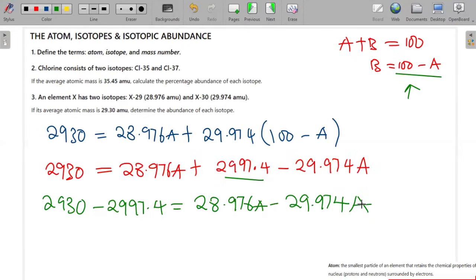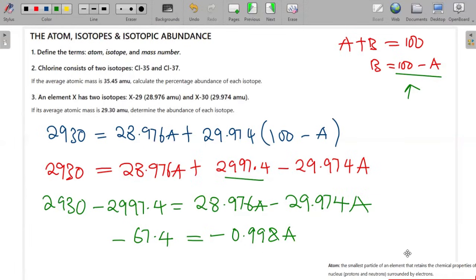On my left, I have 2930 minus 2997.4. If I subtract, I'm getting minus 67.4 is equal to, and then this one will be 28.976 minus 29.974, which gives me minus 0.998A.